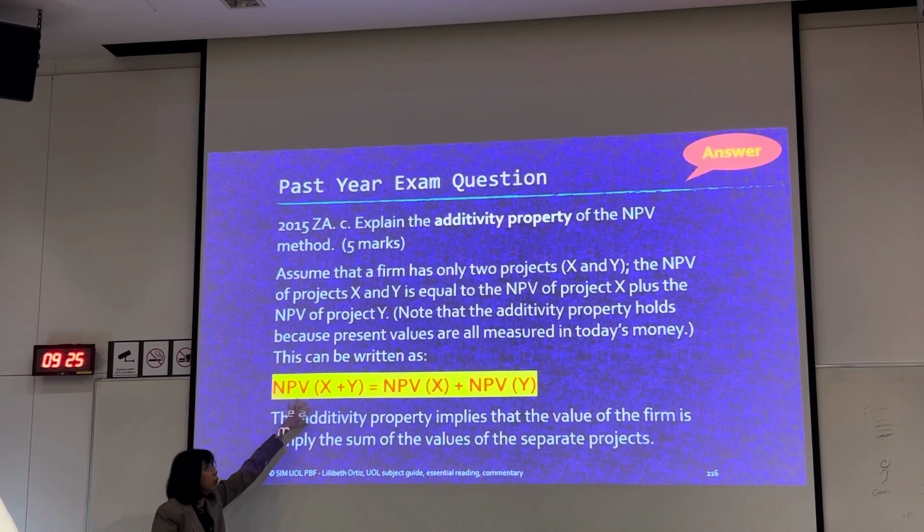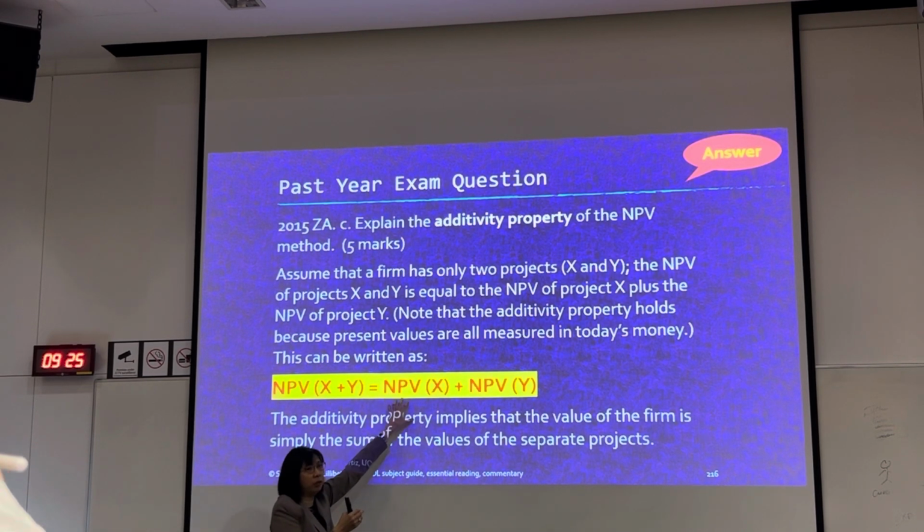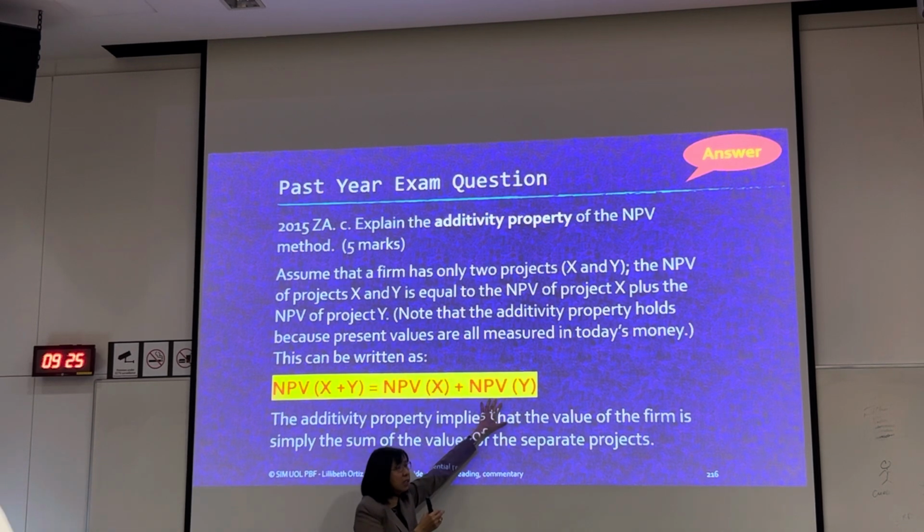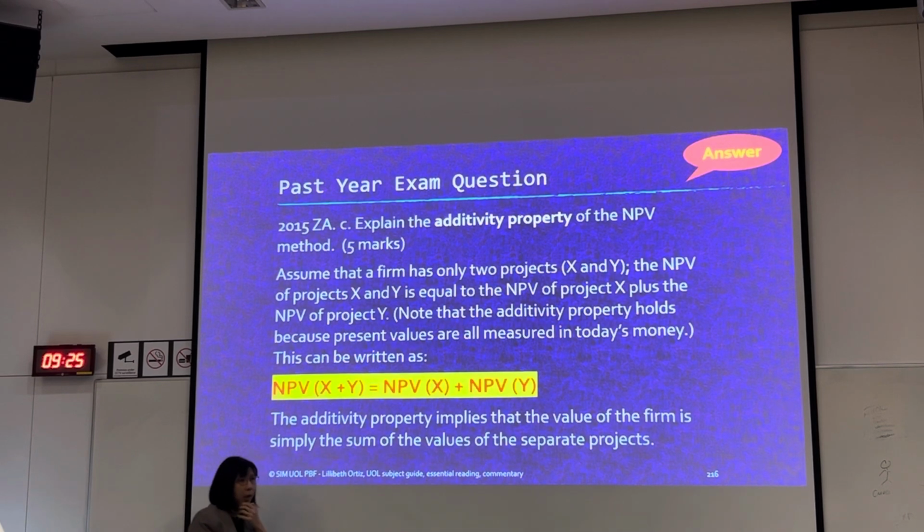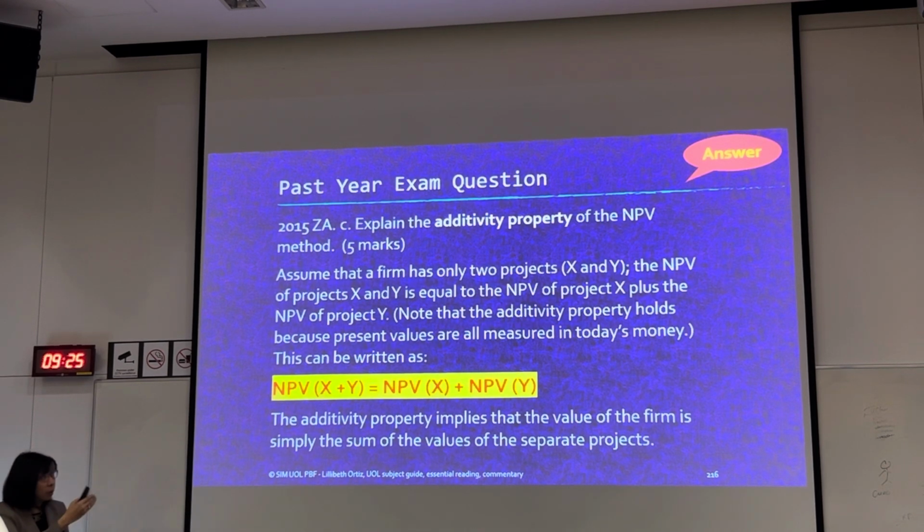It would, if people package them together. But if you separate them out, this is 50, this is negative 20, you don't invest in Y, right? You can separate out, and we can't deceive you by packaging them together. If you have to buy, you also have to invest in Y when it gives you negative.